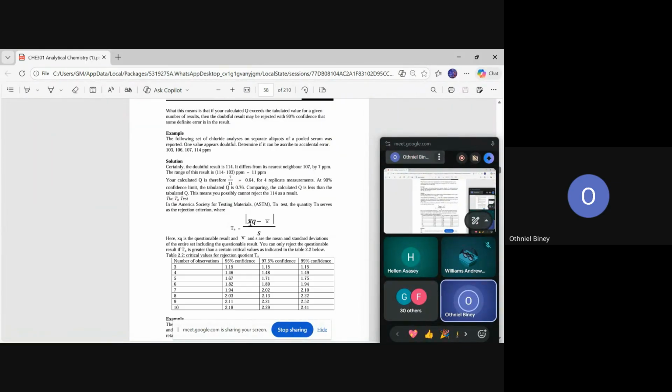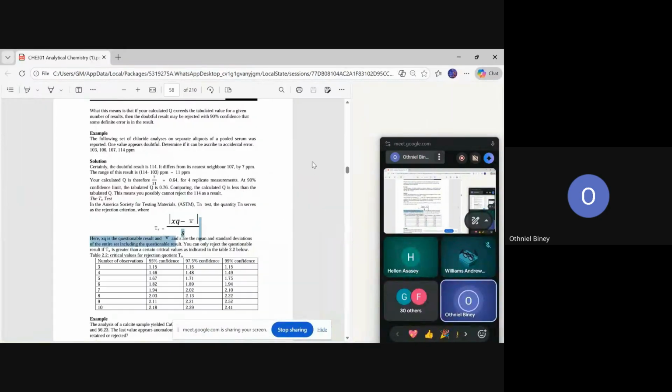After knowing the formula, the Xq here is basically the value we are assuming to be wrong. This X here represents the mean, and the S represents the standard deviation.